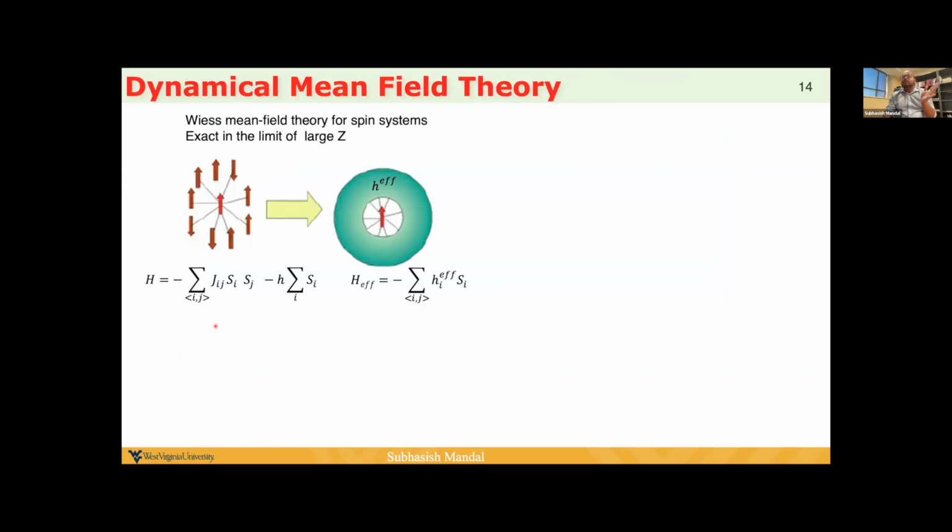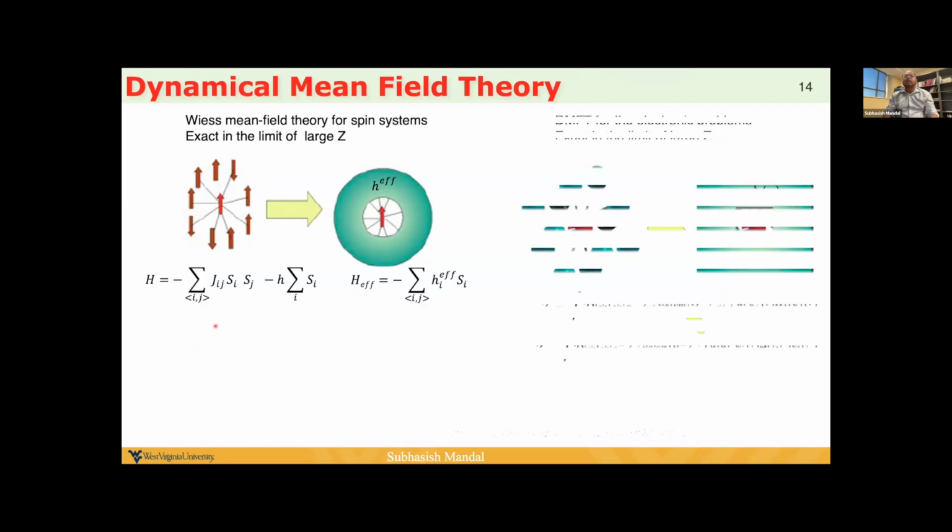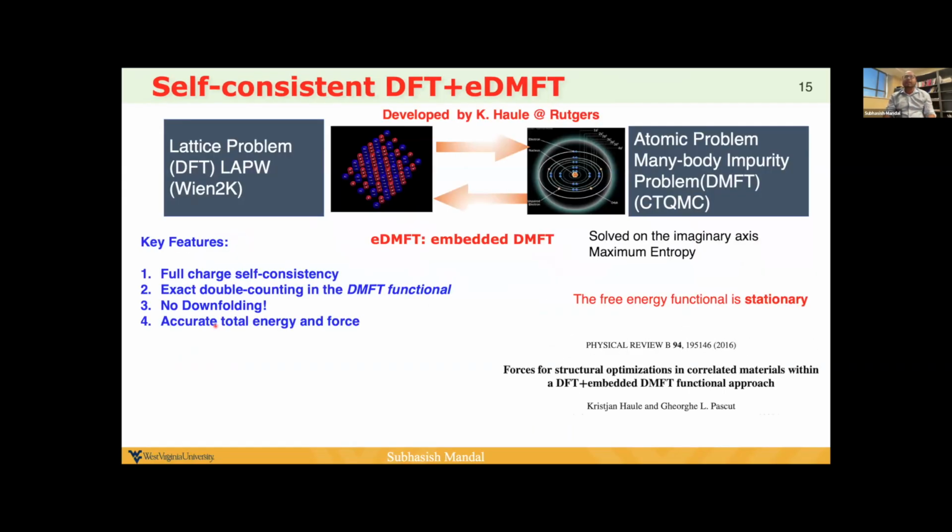Now, in this audience, I don't have to really tell what DMFT is, so I'm skipping it. But the code that I use is developed by Kristjan Haule. This is a self-consistent DFT plus DMFT software, where the lattice problem is described by WIEN2k, an all-electron basis, and the single-site many-body problem is solved using CT-QMC.